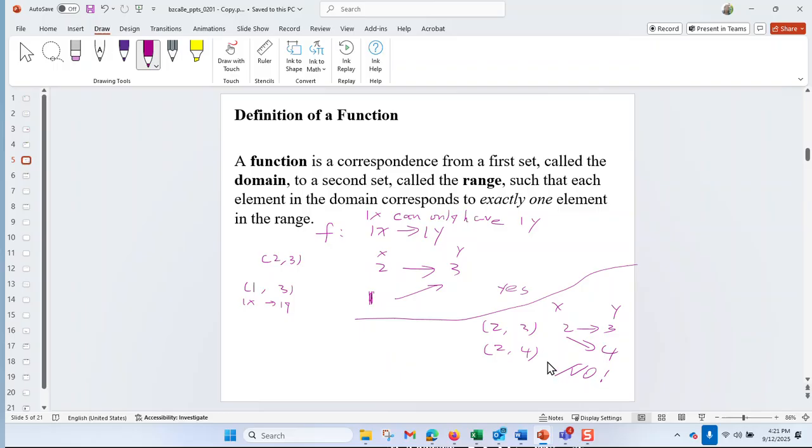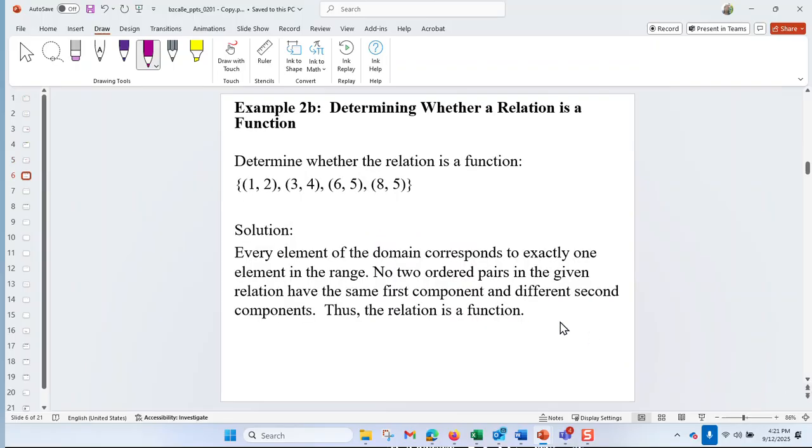All right. So we just need to know how to identify a function. You have to understand the concept: 1x can only have 1y. All right. If this relationship is satisfied, then it is a function. Okay. So if you look at this one right here, 1, 2, 3, 4, 5, something like that, right?